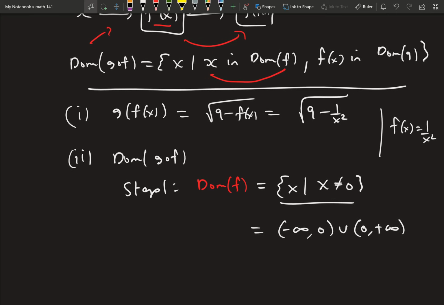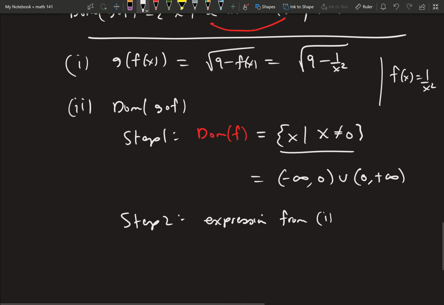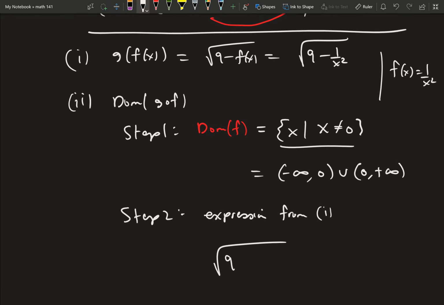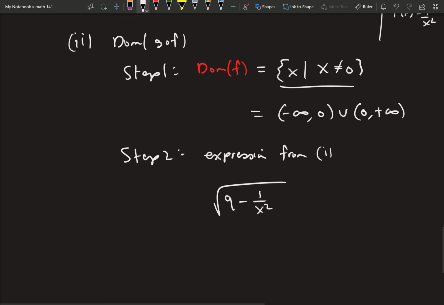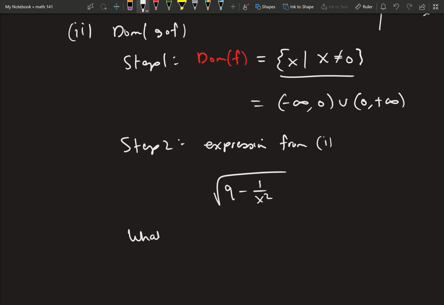Okay, that's step 1. Step 2 says take the expression you got from part 1. What is that expression? It's the square root of 9 minus 1 over x squared. We want to find the domain of this expression. So what x values are allowed?